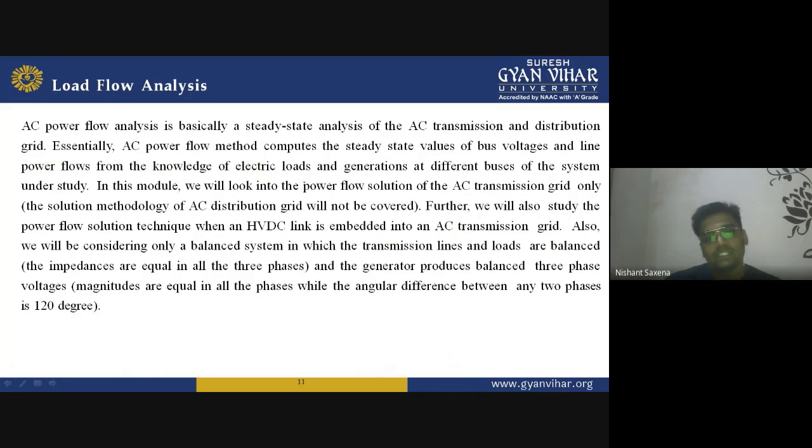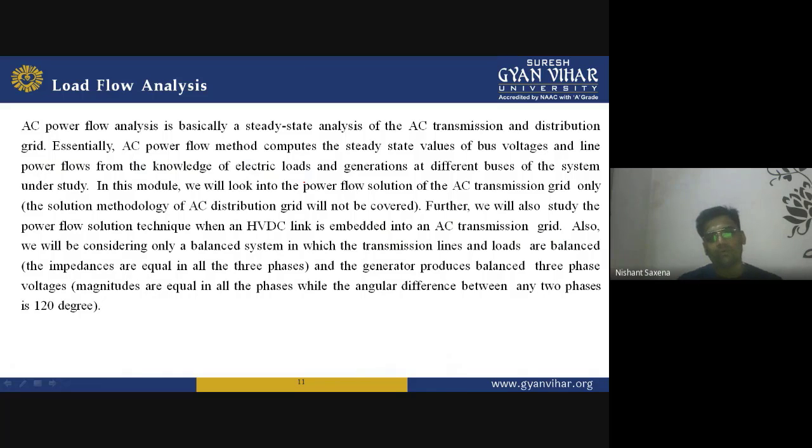Now let's discuss the load flow analysis. The AC power flow analysis is basically a steady state analysis of the AC transmission and distribution grid.